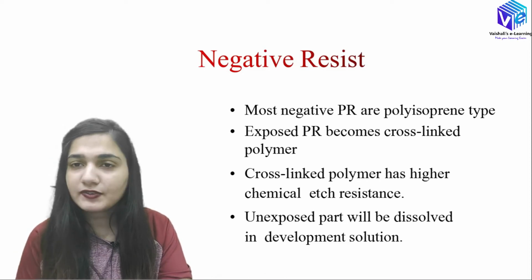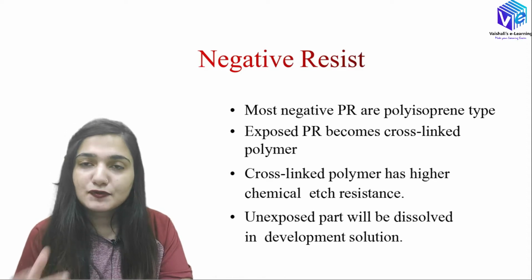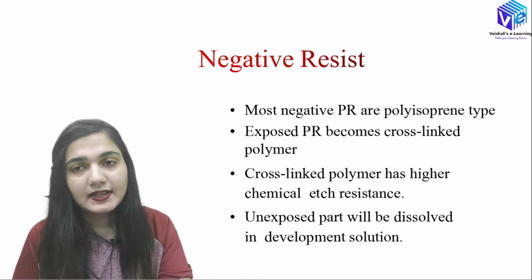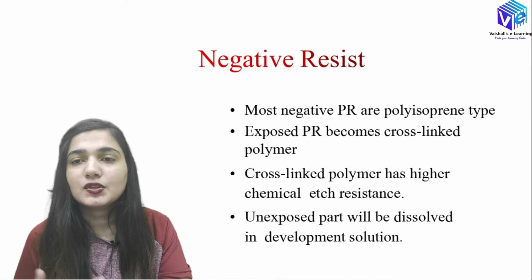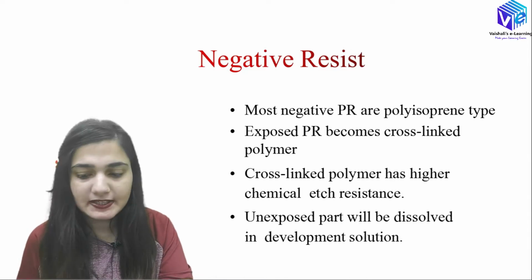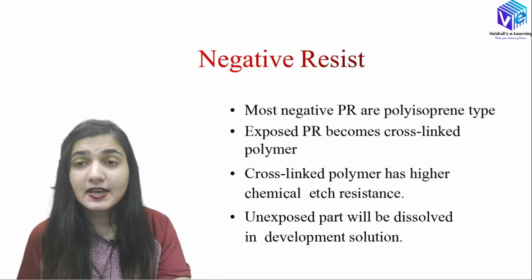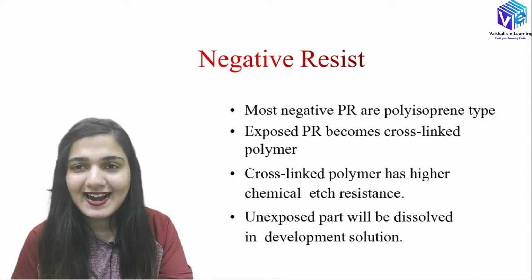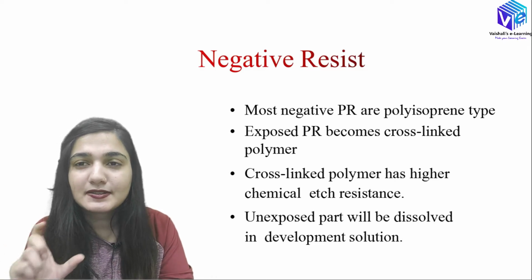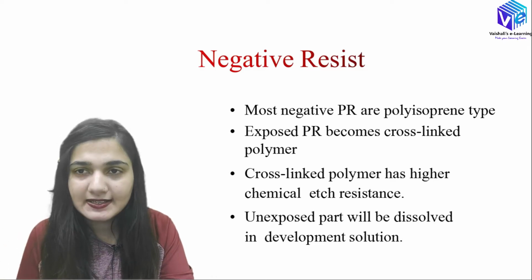This is how we remove the softened photoresist which was already there, and then we have the masks. So this is used for the patterning process. Now cross-linked polymers have higher chemical etching resistance. Don't understand this resistance word as electrical resistance.